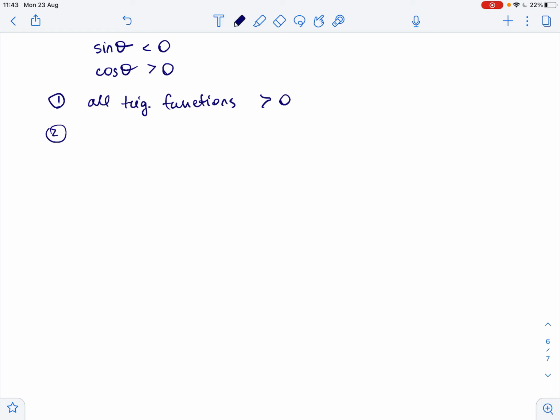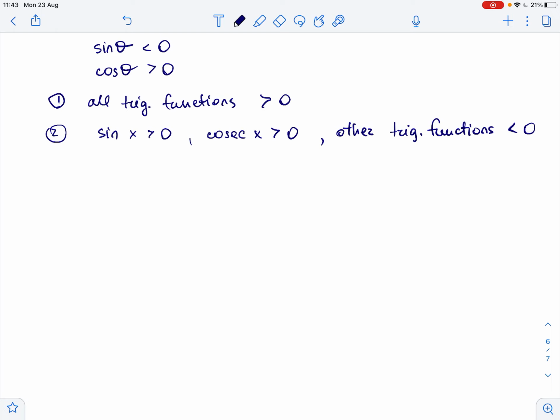In the second quadrant, sine and cosecant trigonometric functions are positive, so sine of x is positive and cosecant of x is also positive, while the other trig functions are negative.